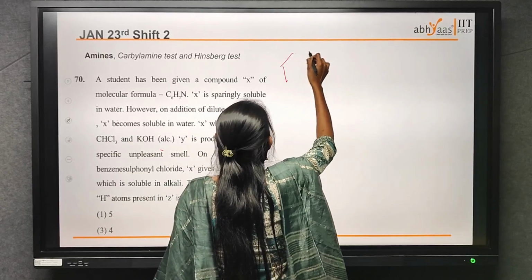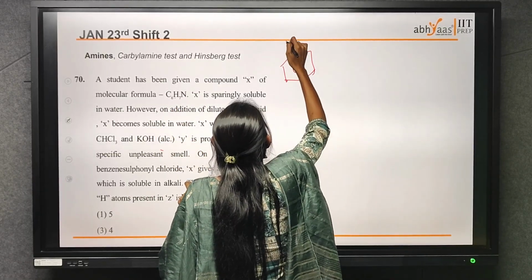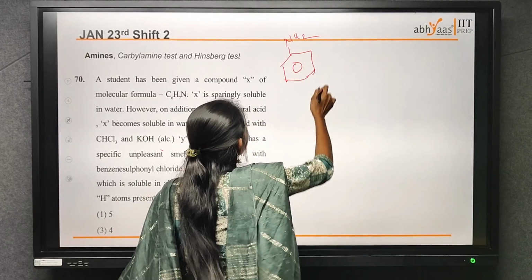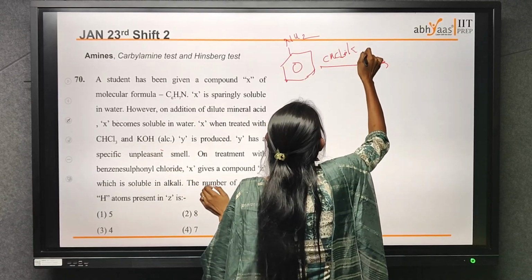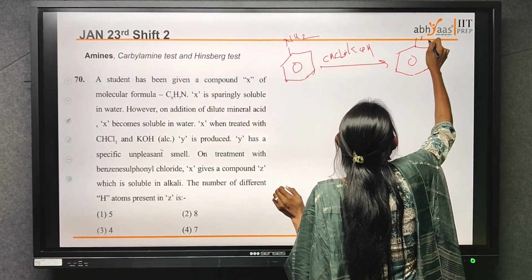We have aniline, C6H5NH2. When we treat with CHCl3 and KOH, we get an isocyanide group.